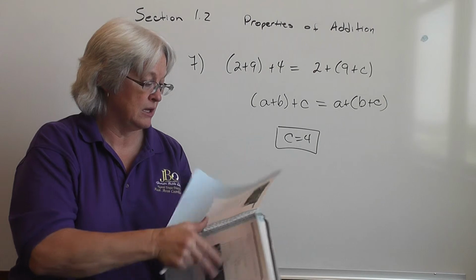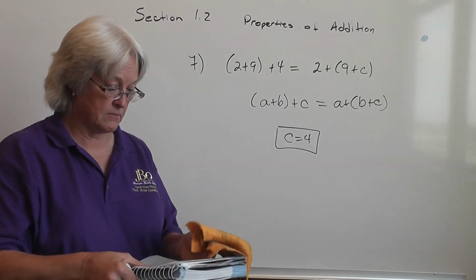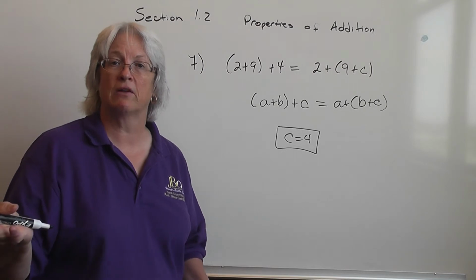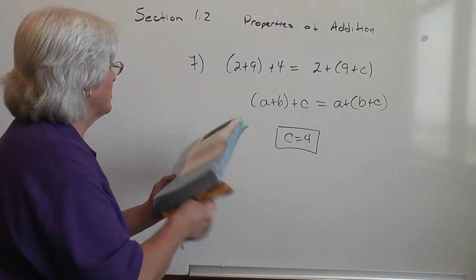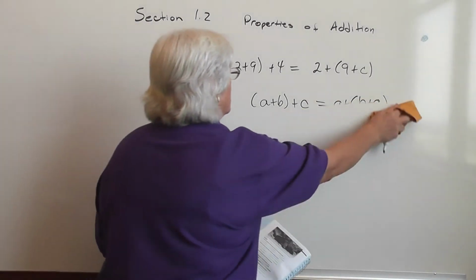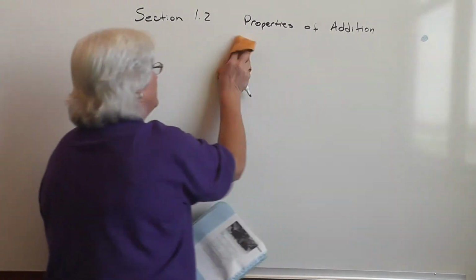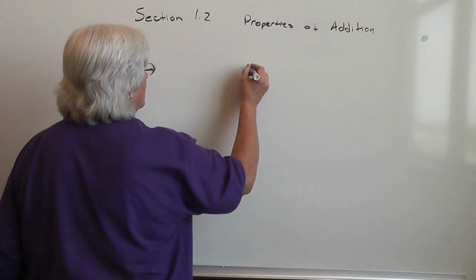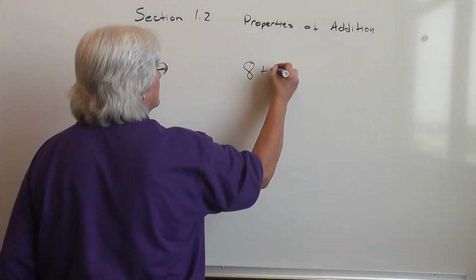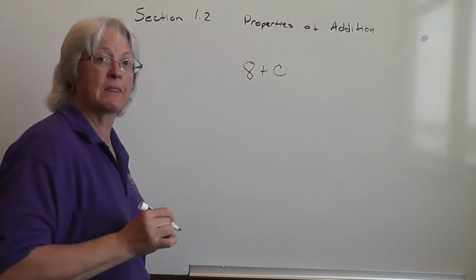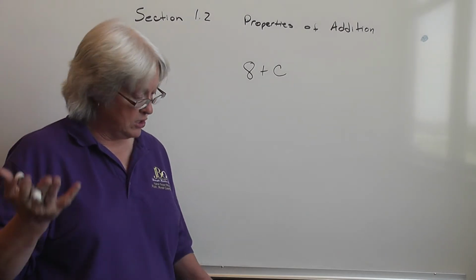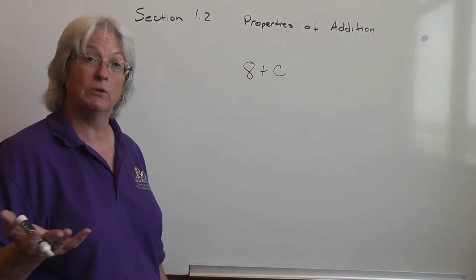So let me look at page 8 now. What if they ask you to write an equivalent expression for something? What does it mean when things are equivalent? Well, it means they have the same value. If you have 8 plus C, can you write something that has the same value, using the commutative property?